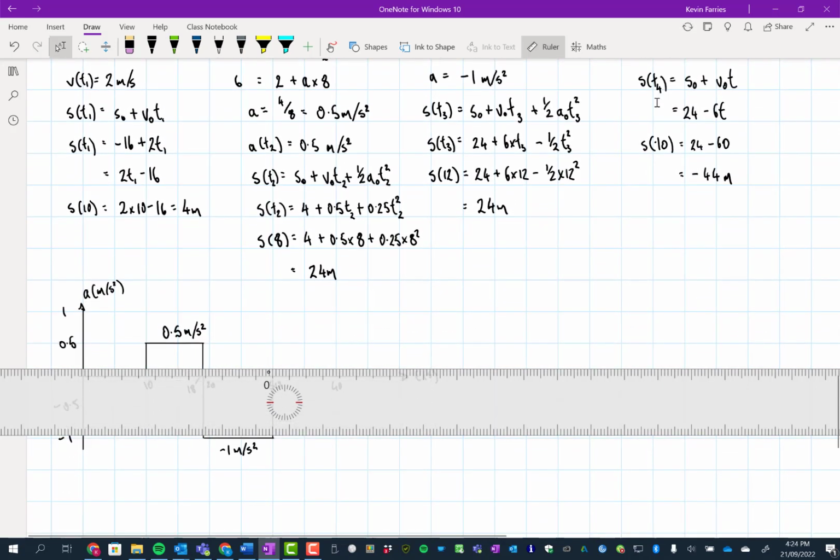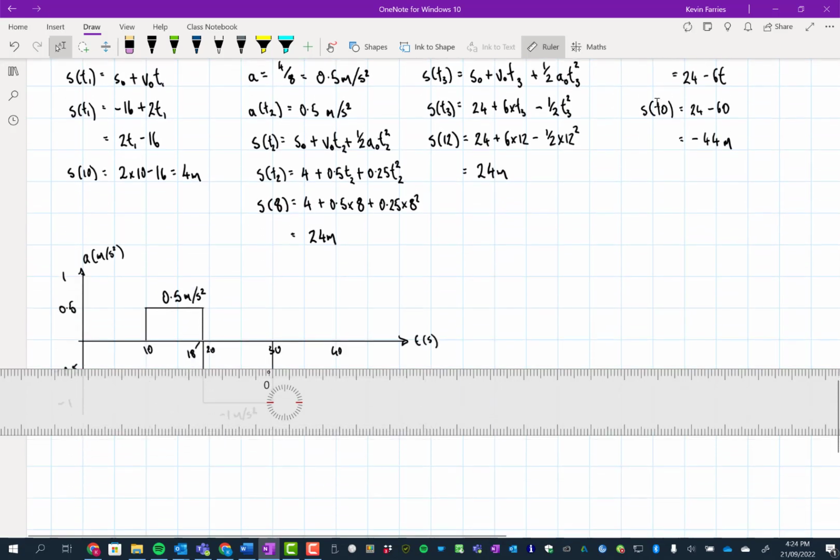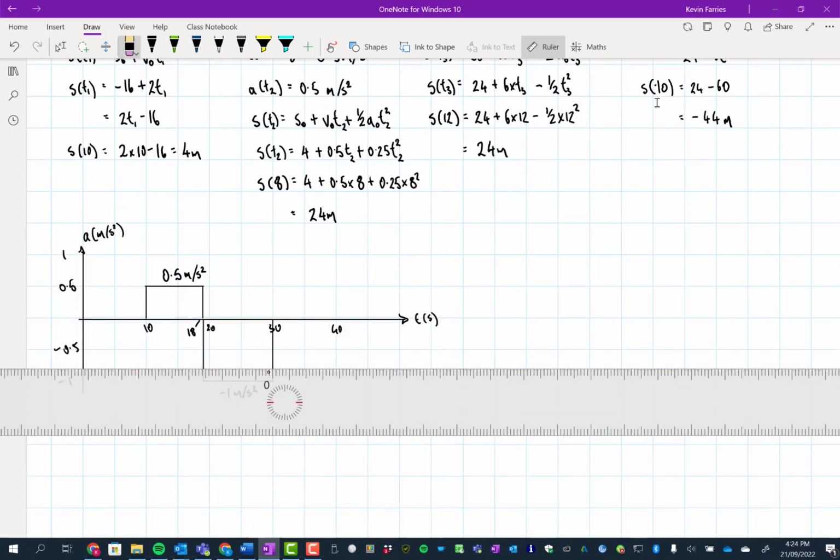Now, the displacement versus time is going to have to be pretty big. I wonder if I can fit it in here. Probably can.